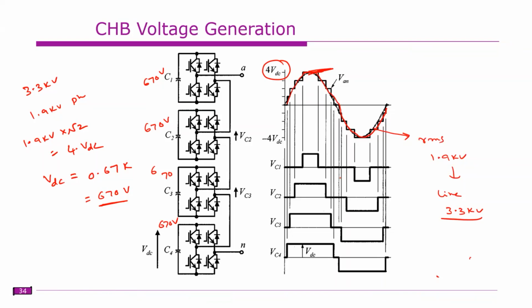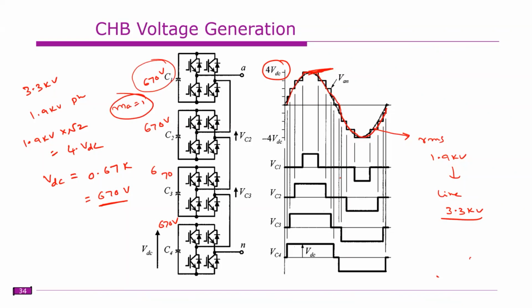The thing is that these are approximate values, right? So you can get something near to that, something closer to that waveform. If you want the exact value, you need to slightly fine tune this one. What we have to do is simulate with 670 volts and operate at modulation index MA equal to 1 or something like that.